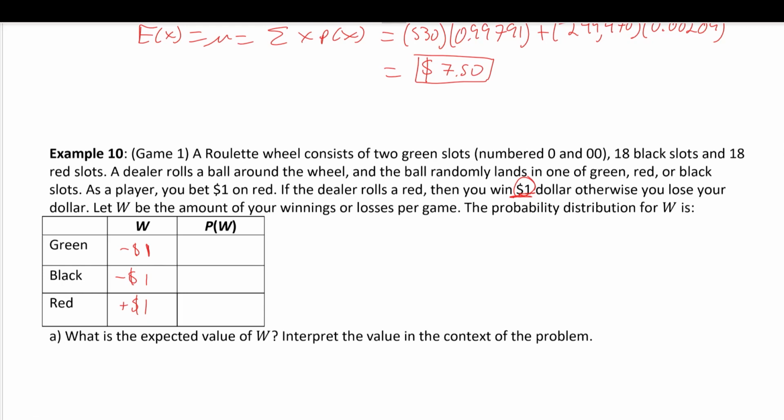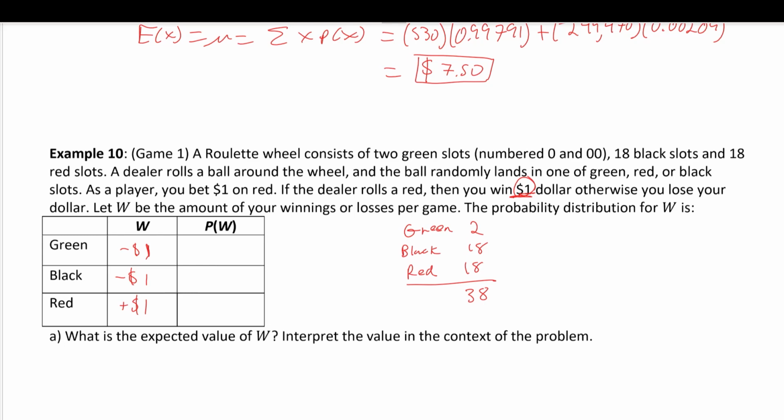Now, we need to come up with the probability of each one of these occurring. Well, let's see here. What did they say? There's 2 green slots. There's 18 black slots. And the reds are also 18. If you were to add these up, there's a total of 38 slots on that wheel.